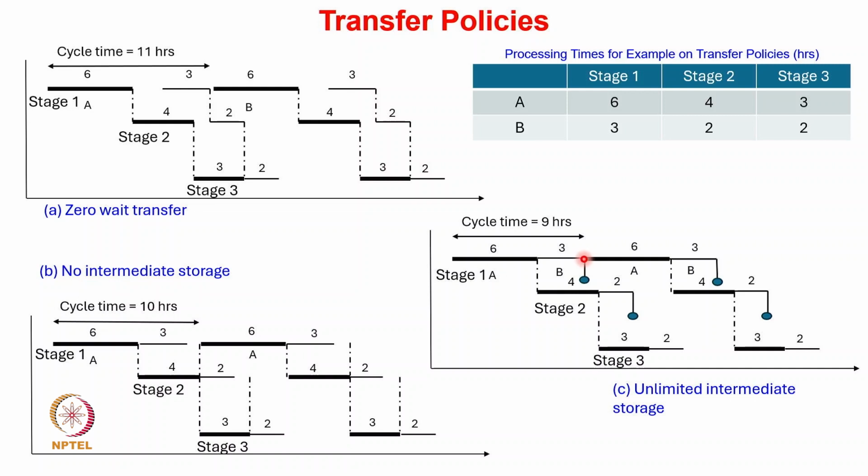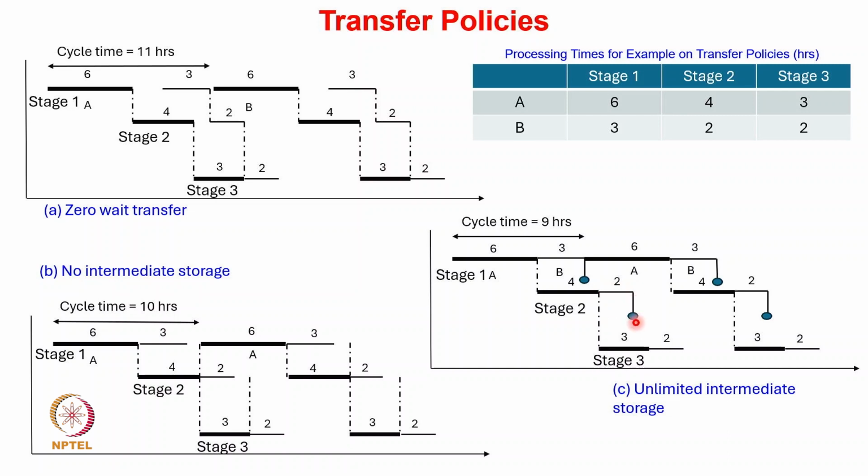After 3 hours the material will be transferred from stage 1 to a storage tank. It remains in the storage tank till my stage 2 becomes available. Then this product B is processed in stage 2 for 2 hours.